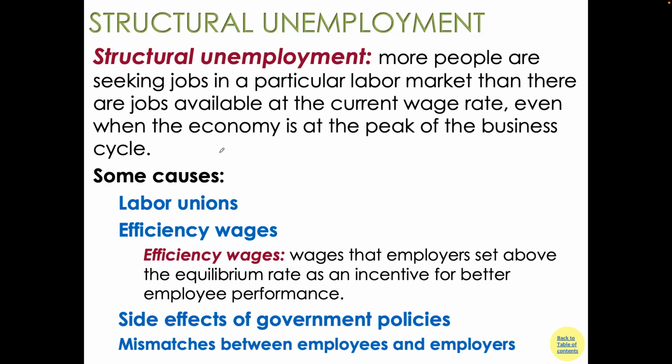So that immediately creates a gap between the demand and the supply, right? So that's another example of structural unemployment. Those are the causes of structural unemployment, and clearly the reason behind structural unemployment is different from frictional.